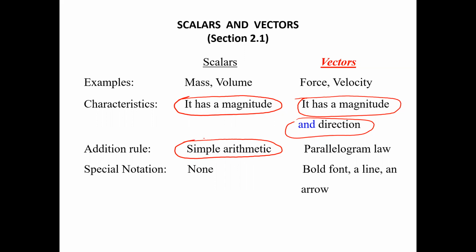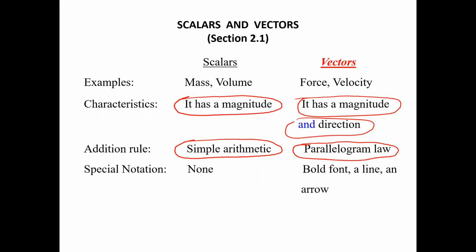But if you talk about vectors, then it's a little different because it has magnitude and direction both. So we'll discuss the parallelogram law. This is one method of adding the vectors, and then there's another method called the triangle method. They are sort of similar, but we'll study and we'll see.